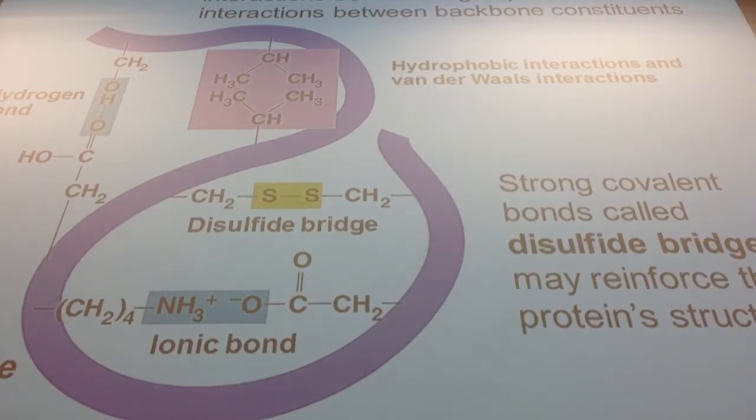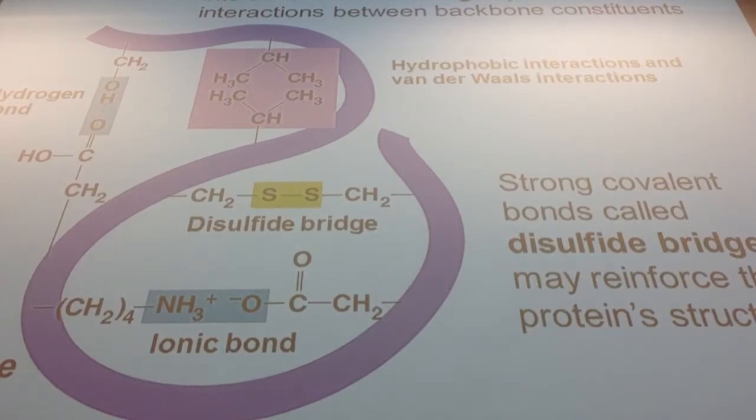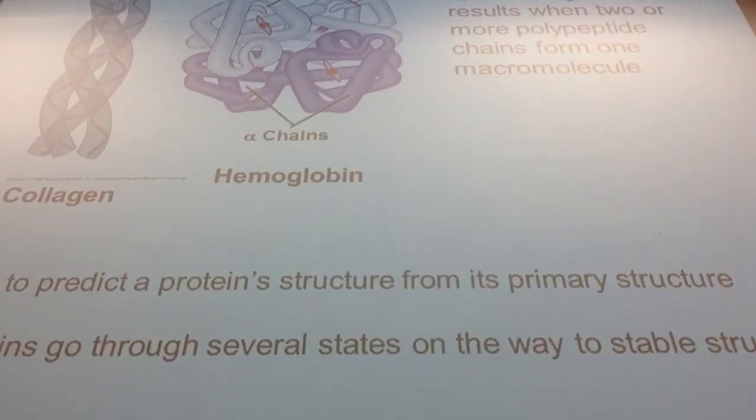Of course, quaternary structure also involves the other bonds: hydrogen bonds, van der Waals interactions, and so on. So again, I'm assuming that most, if not all, of this is a review for you. We're not going to harp on it.